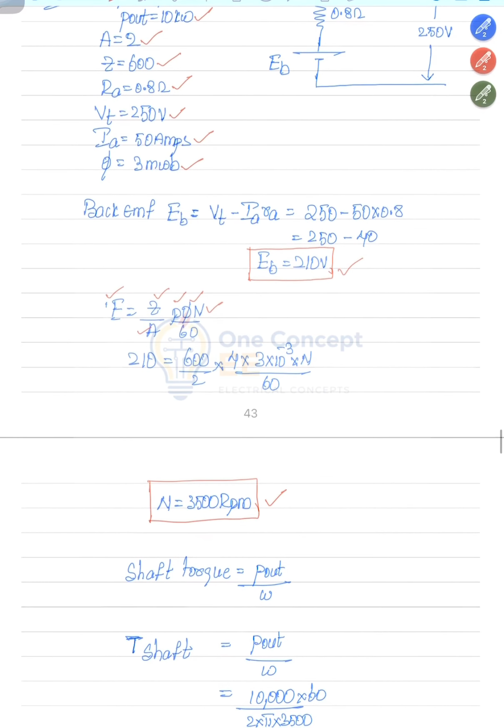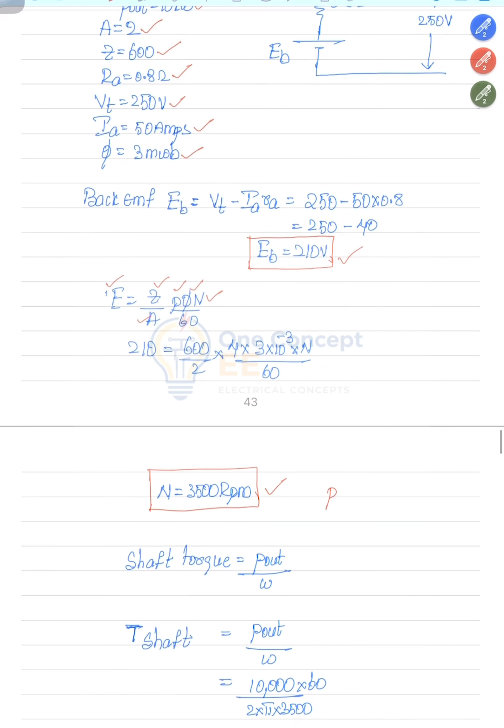Here we need to know the power developed. Power developed by the motor is equal to P shaft plus rotational losses. Means the power developed by the motor will transmit power to the shaft, plus it will compensate some losses as well, like frictional losses.